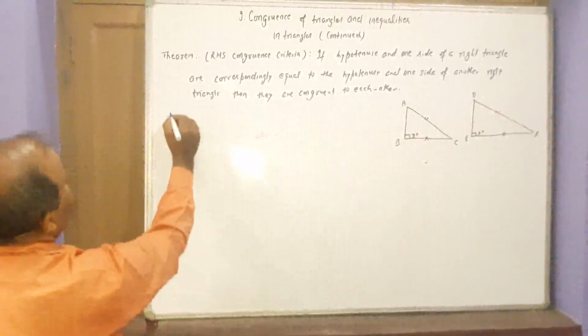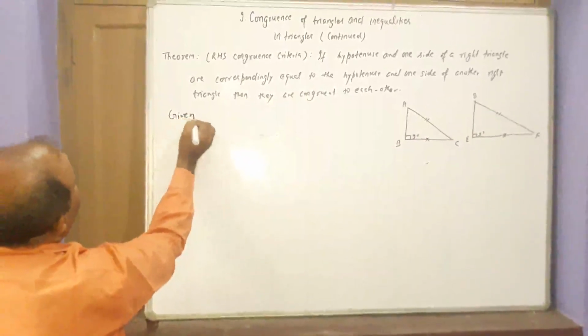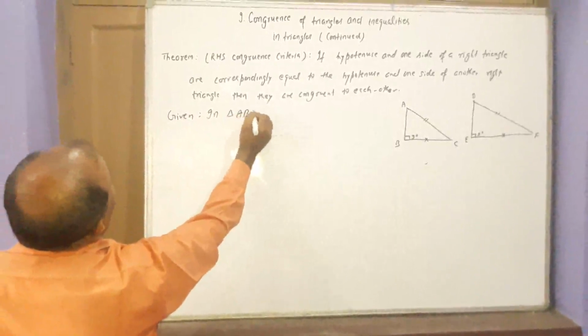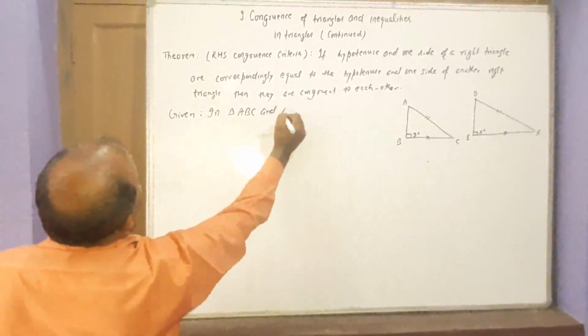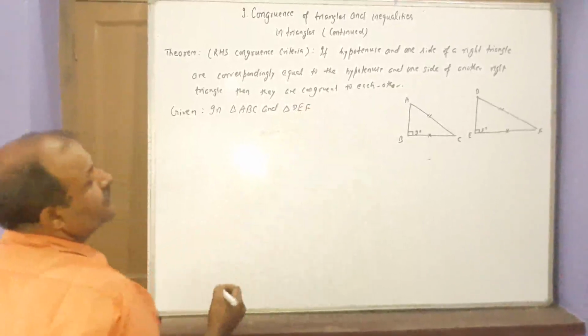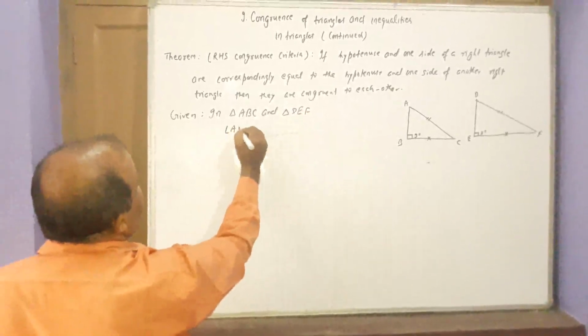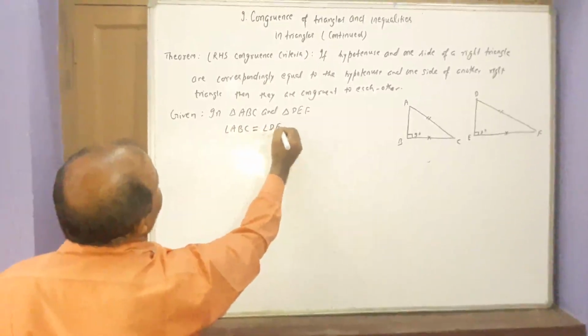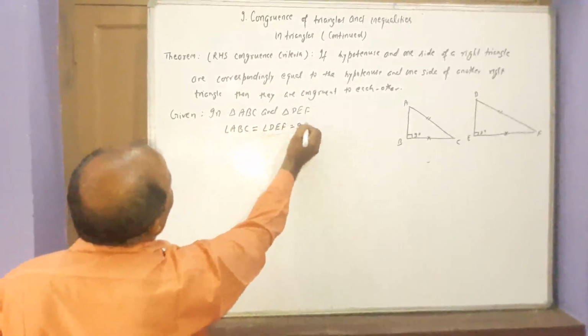See here, what is given? In triangle ABC and triangle DEF, angle ABC is equal to angle DEF is equal to 90 degrees.